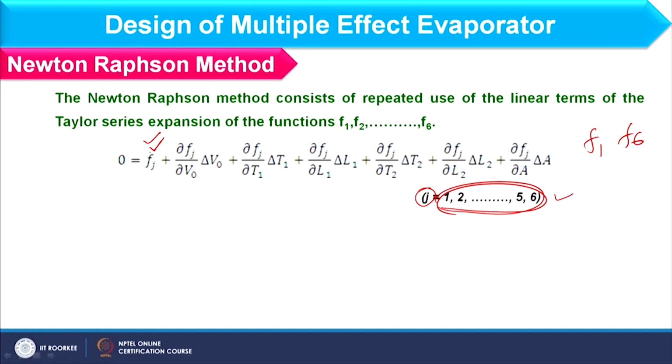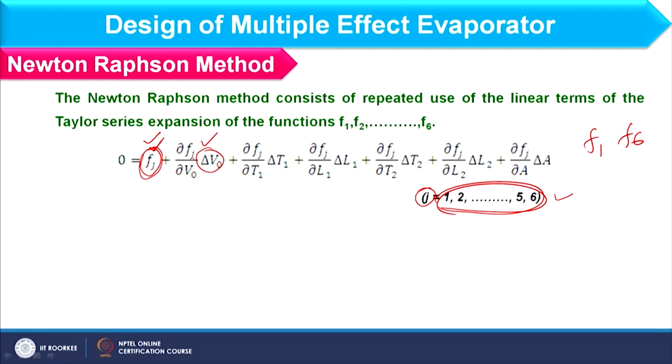So, let us say the function is Fj, okay, we will consider first derivative of this, del Fj by del V naught, okay, delta V naught, right.